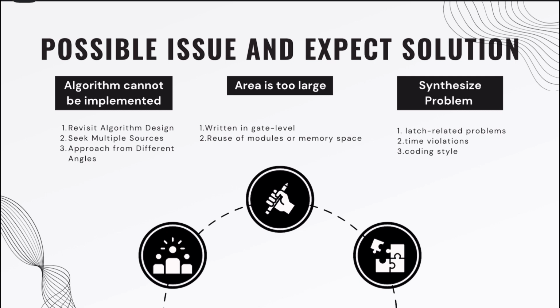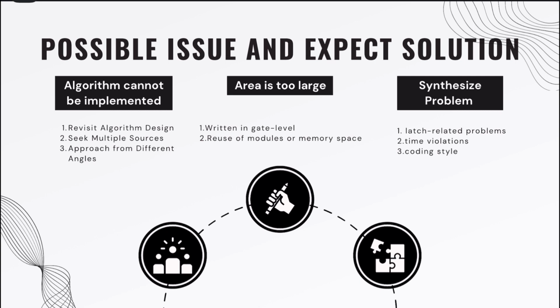Secondly, there is the issue of excessive space usage. With the need for 7 functionalities in the design, it's likely that without specific optimization, the space required will be substantial. To tackle this, if needed, we plan to use gate-level implementation and continuously combine modules with similar functions to reduce component usage.